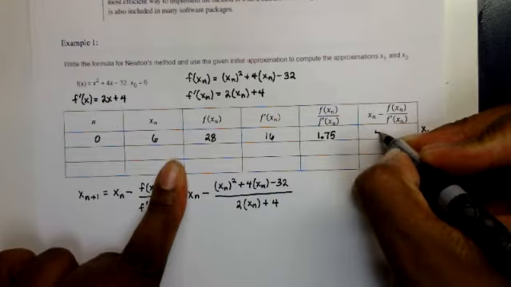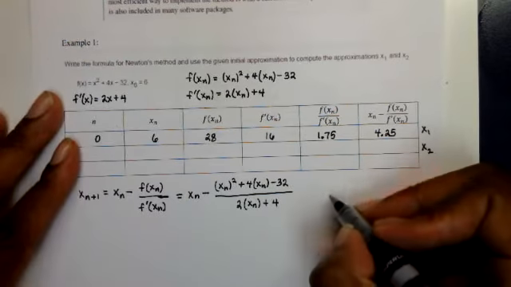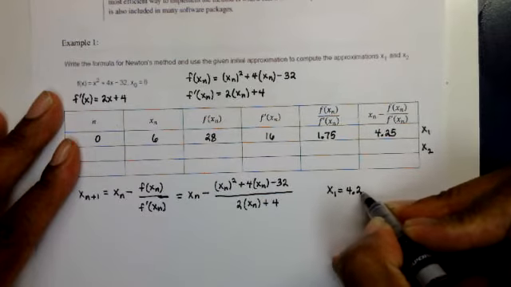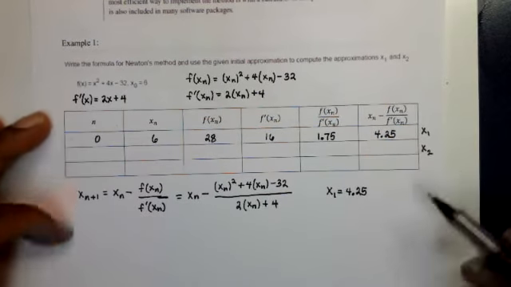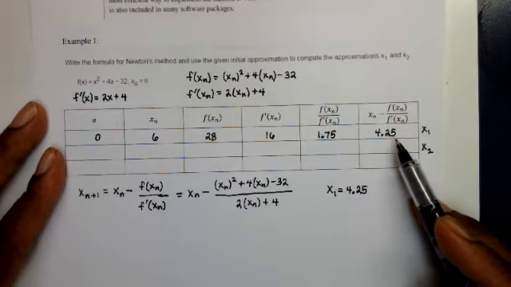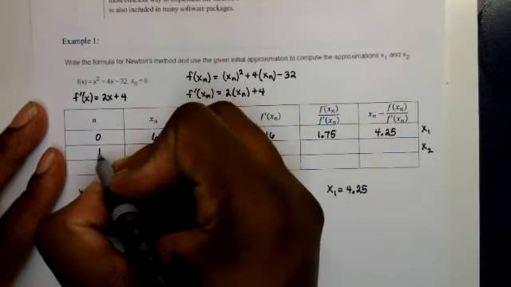So x sub 1, in this case, is 4.25. Now that was the first iteration. Now to come up with the second iteration, this is what I'm going to do here. That n is going to be now 1.